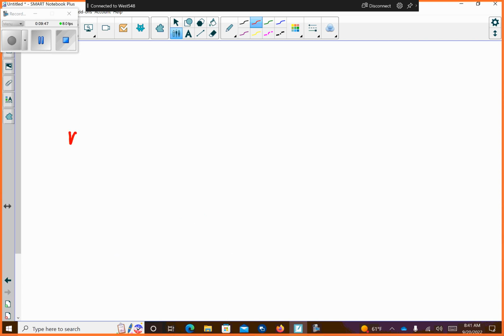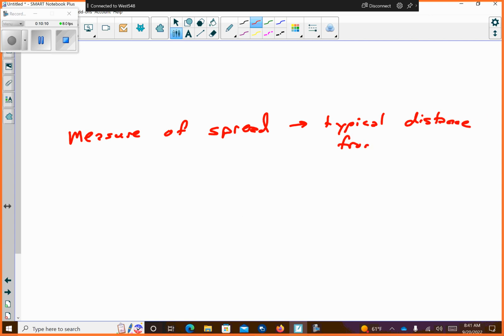Measures of spread. Again, I'm just going down on page 27, giving my own little spin to it. It's a typical distance from the mean, and it could show some consistency, could show predictability in a data set.